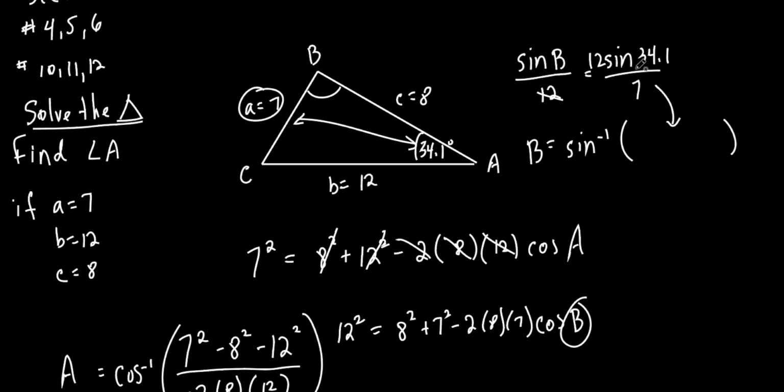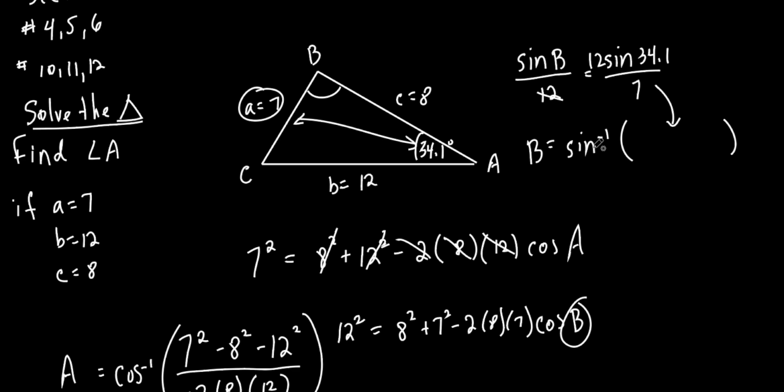All right, so you put all that in there and you take the inverse sine of it. I don't have the answer here, because on the homework problem they just asked you to solve for angle A. They didn't ask you to solve for the whole triangle. So let's put it into the calculator. It's 12 times, now in my calculator, I have to hit 34.1 first, then I hit sine, then I hit equals, and that's the top.